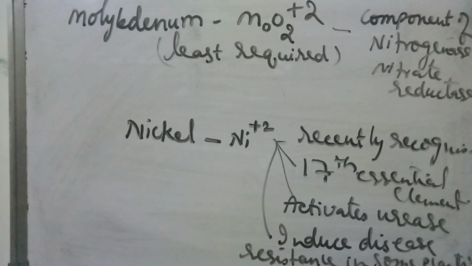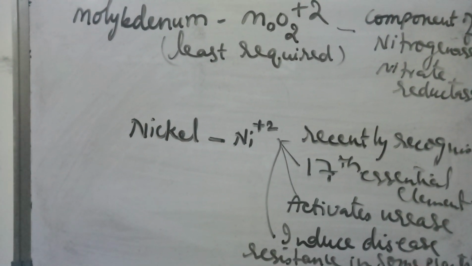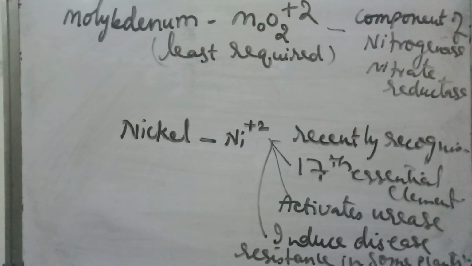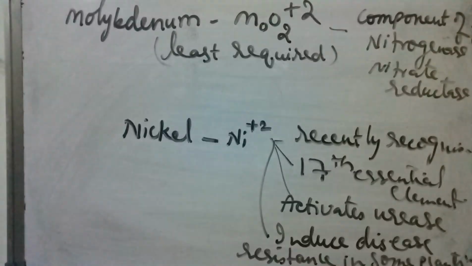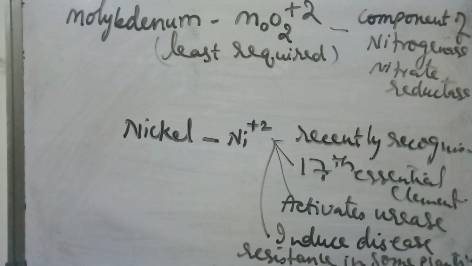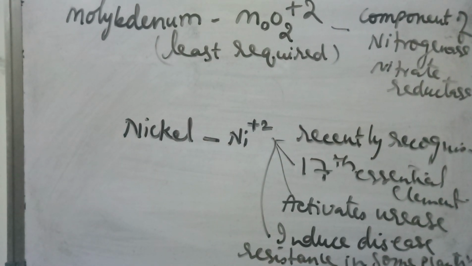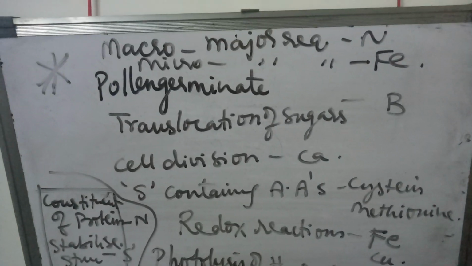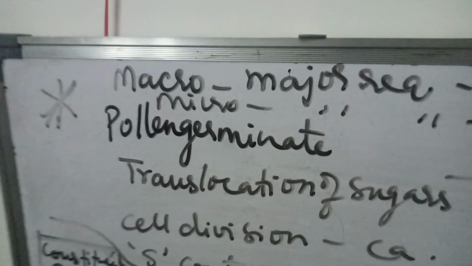So these are the different macro and micronutrients, how they are absorbed and what role each element plays in the plant body. All the elements, macronutrients and micronutrients, are completed. You have to do a comparative study. I will give you a list of very important points.